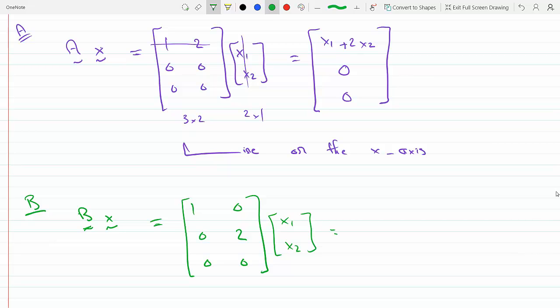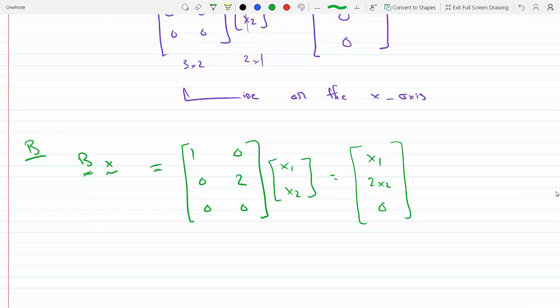So now multiply them, we get x1, 2x2, and the third row is 0, so we'll get zeros here. Wait, did I mess up? This is x1. Okay, so you could see that we have components in the x, we have components in the y, we don't have components of the z.